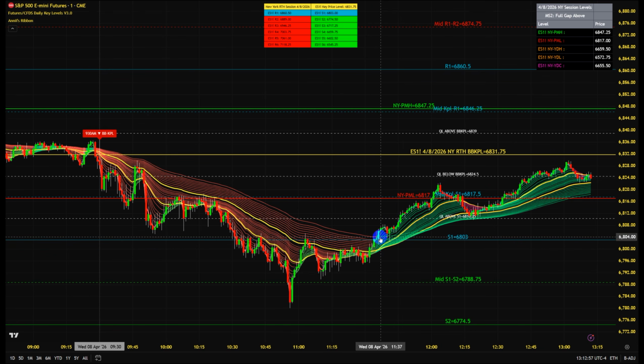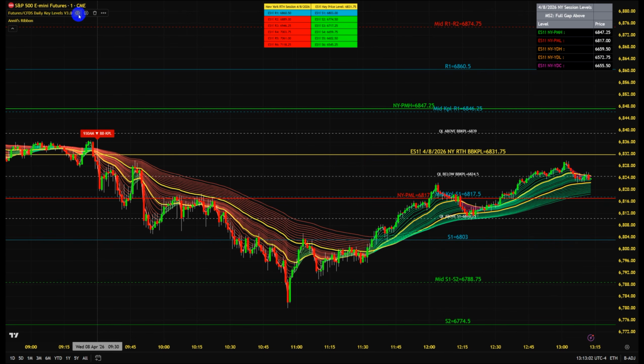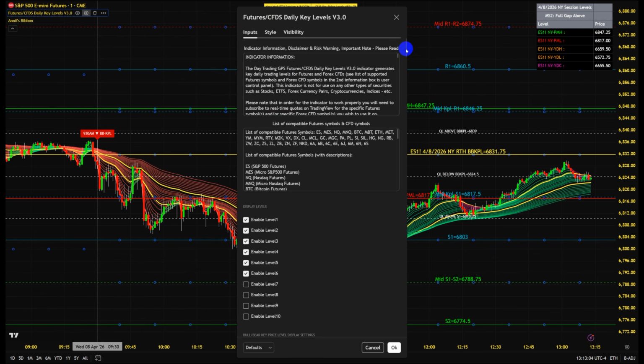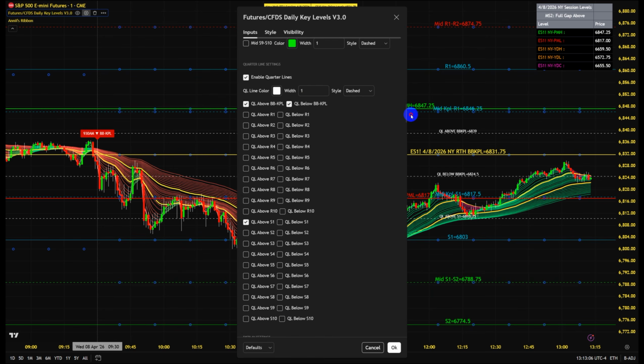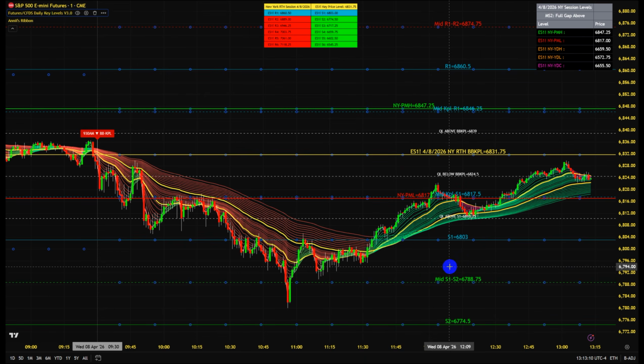Bullish trade off of the S1 level, either using the QL level below S1, which is here, or using the midpoint below for the standard stop loss.